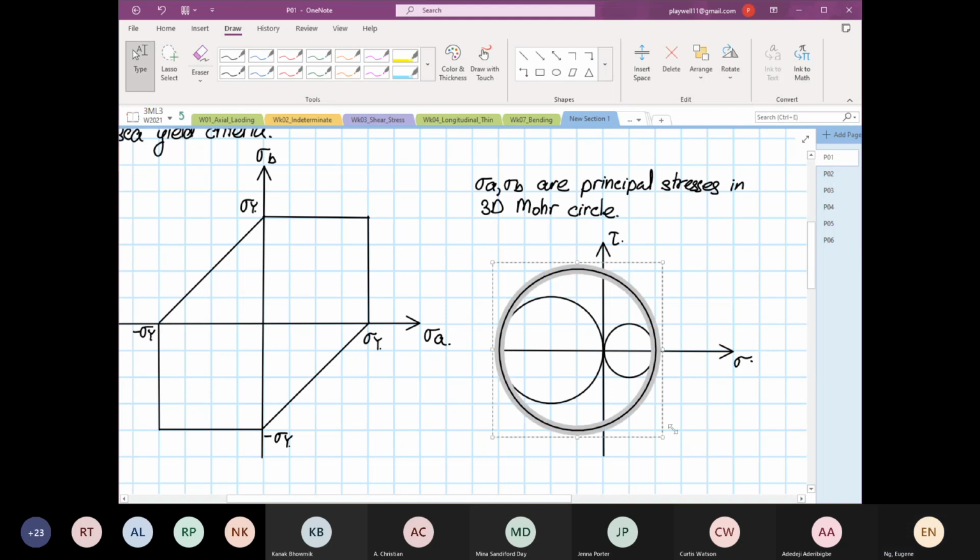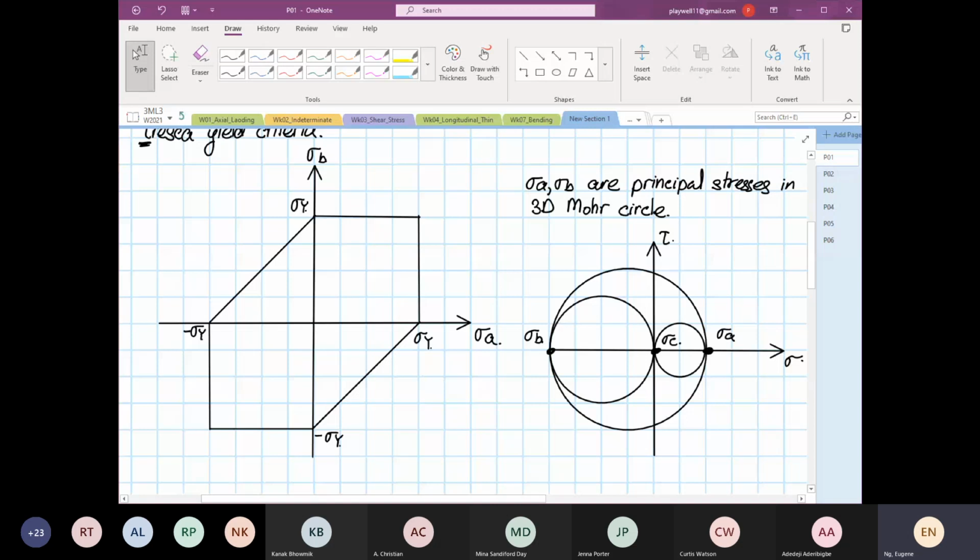So this point over here is your stress A. This point over here is your stress B, and over here you can call it stress C. So basically these are the principal stresses in a 3D Mohr's circle.